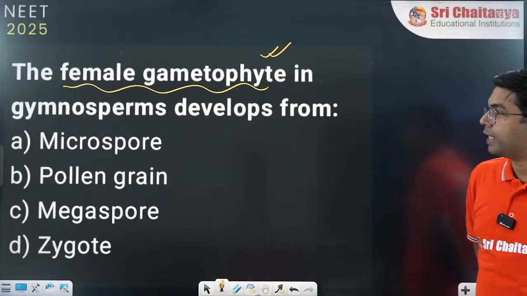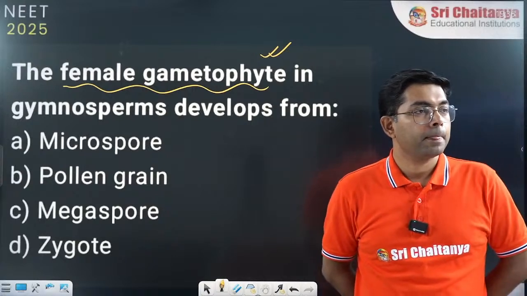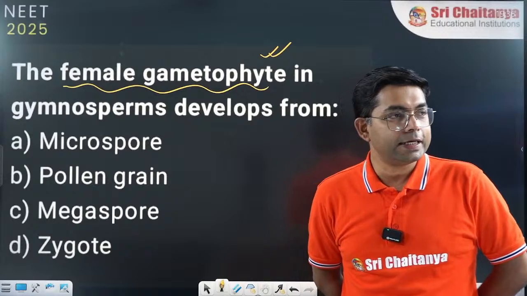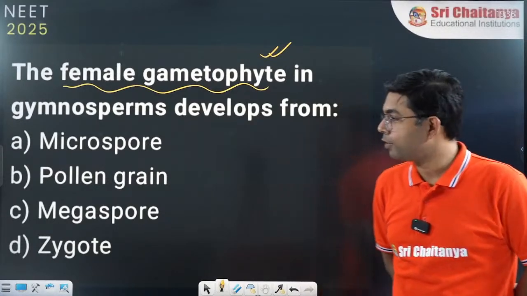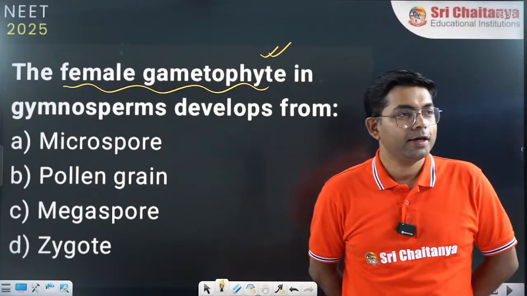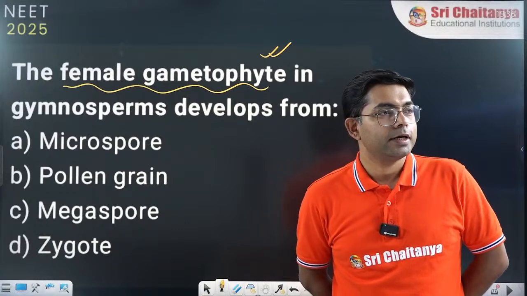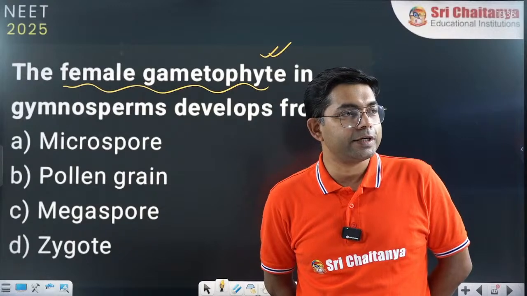Tell me, what will be the answer? Okay, Yashwant C, Ravindra A, Leela C. Number of C is very high. Pallavi, Lakshya, C. Reshma, C. Pinky, C. Pallavi also C.